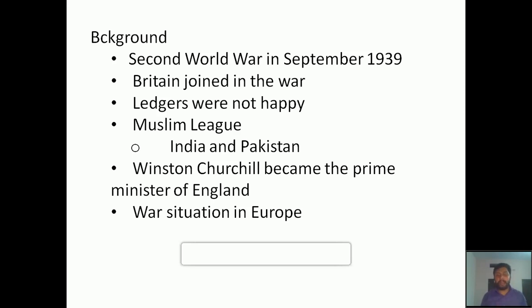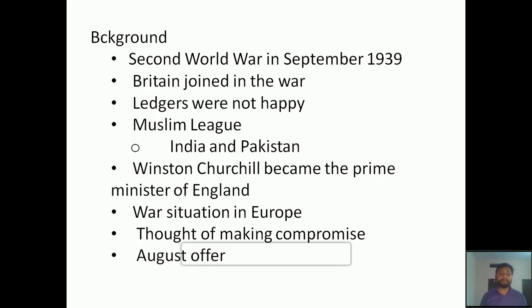Finally, after seeing all these problems, the British administration understood that it is not good if they are not ready for some kind of compromise with the people of India. In other words, if they do not make some compromise, it will badly affect Britain in the Second World War. So they thought of making some compromise.